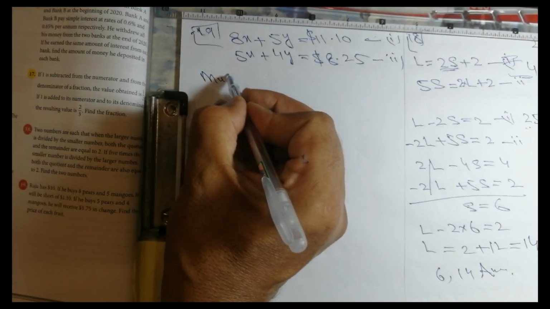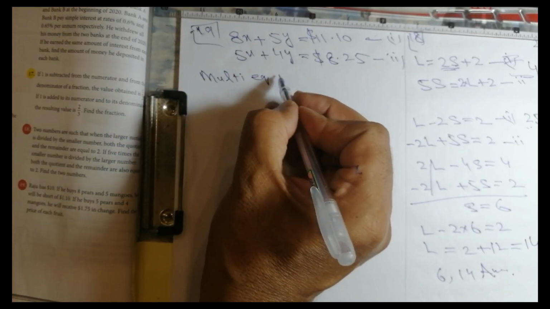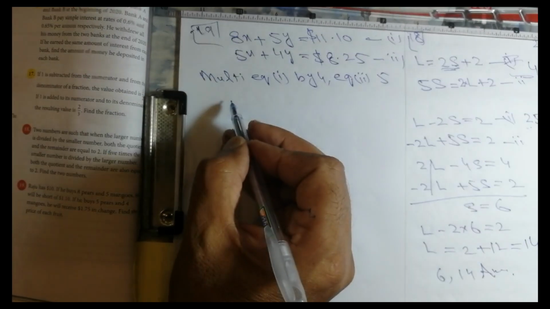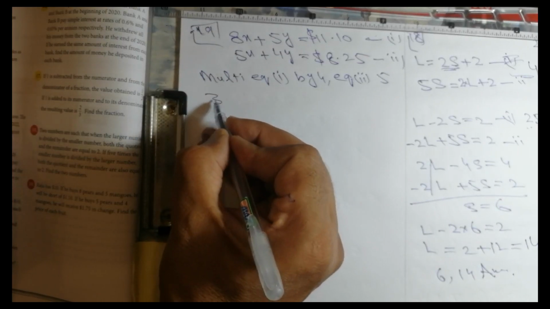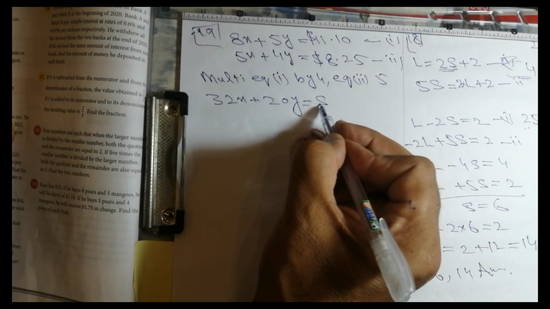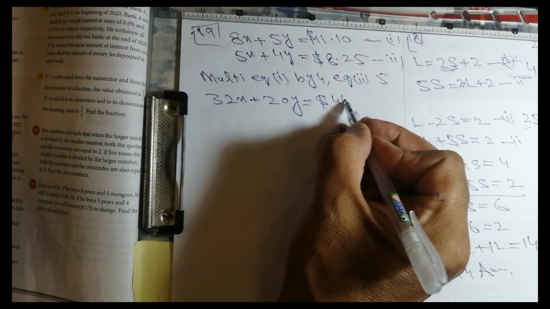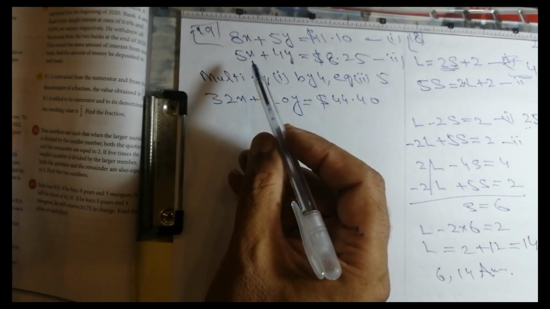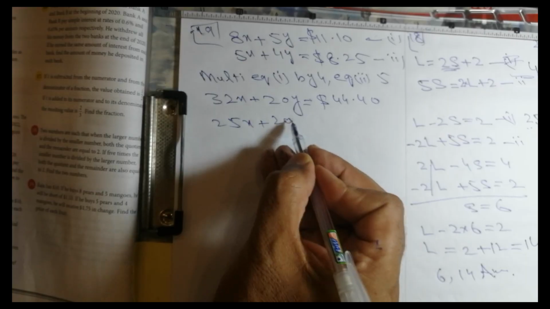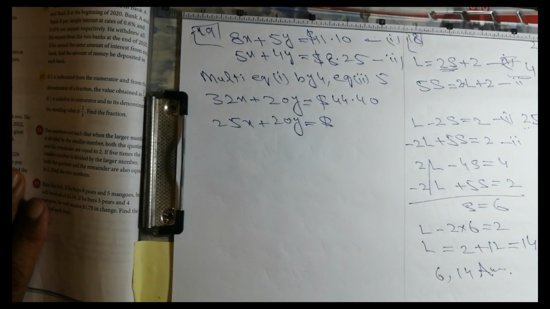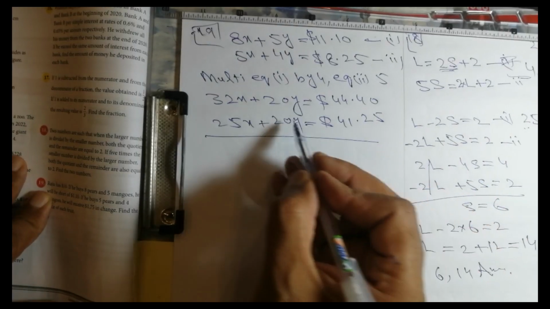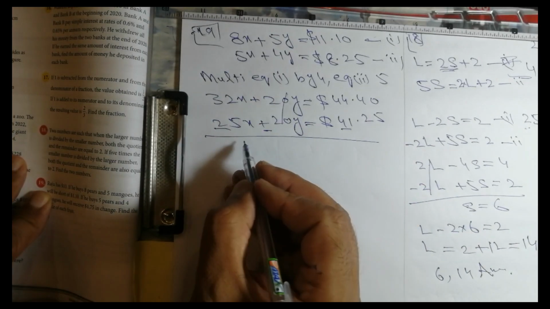So equation 1 is 32x plus 20y equal to $, that is 44.40, and now equation 2 by 5, 25x plus 20y equal to $8.25 into 5, 41.25. So 20y cancelled.